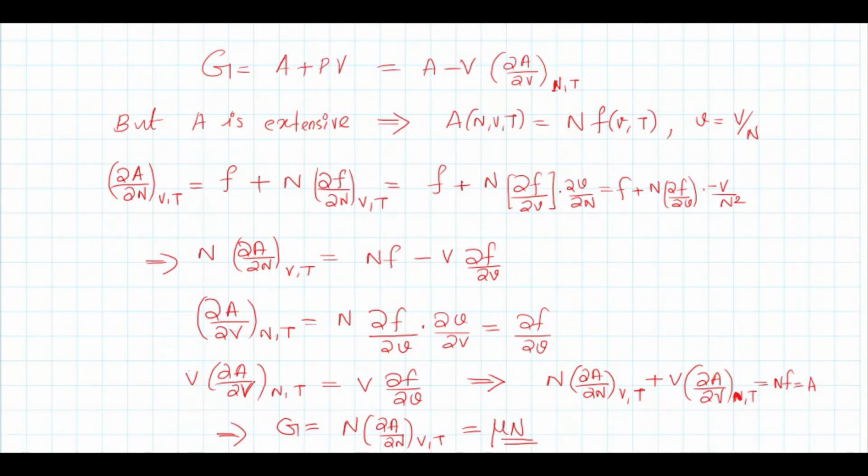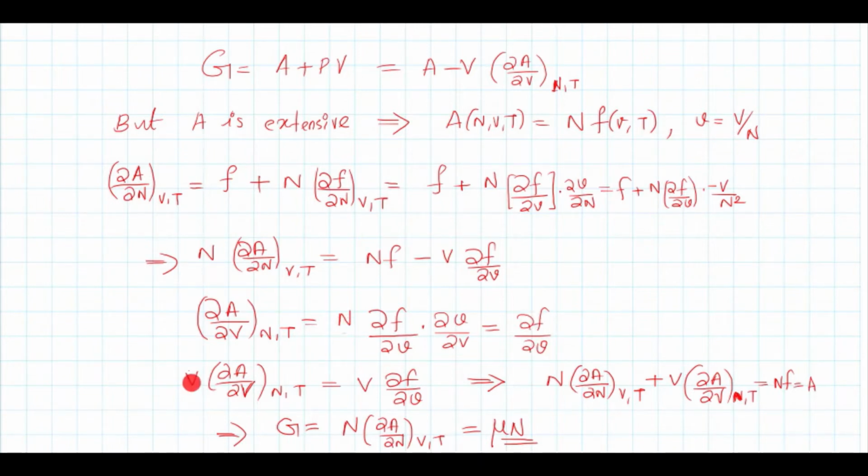So n into ∂f by, actual derivative is with respect to capital V, but f is a function of small v. So again apply the chain rule, ∂f/∂v into ∂v/∂V. What is ∂v/∂V? It is 1 by n from this expression. So that n will cancel with this, you will get ∂f/∂v.